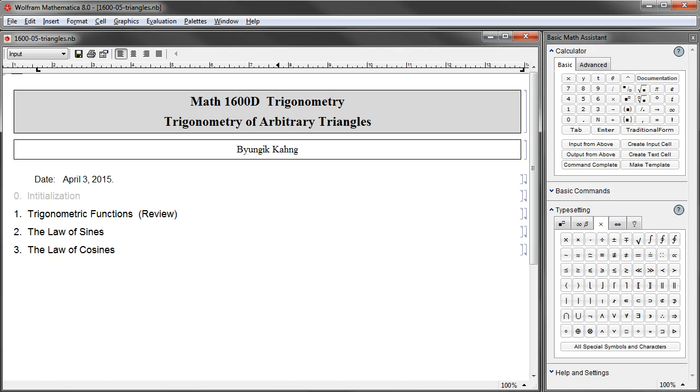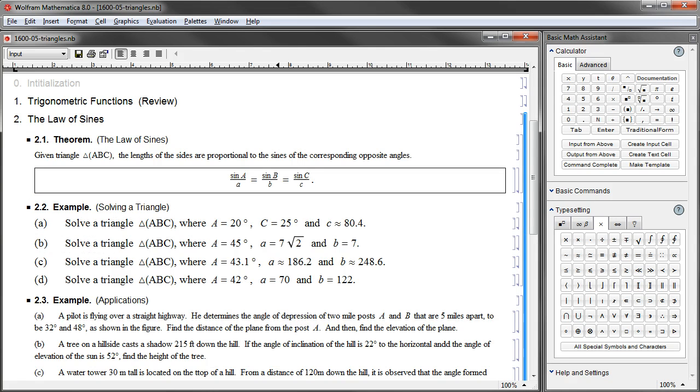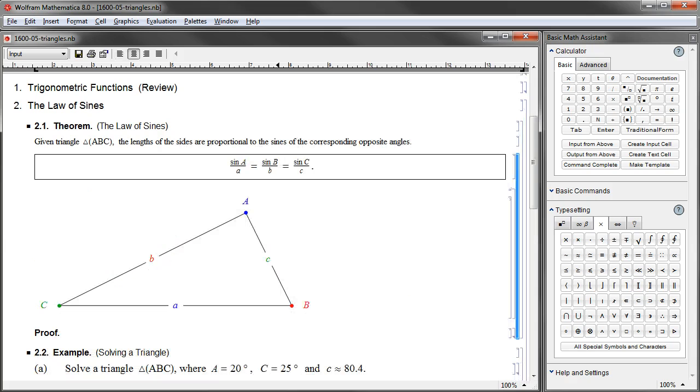The law of sines, section 2 of this notebook, which corresponds to section 6.5 of our textbook. It goes like this. Given triangle ABC, where capital A, capital B, and capital C are regarded as the size of the internal angles, and small a, small b, and small c correspond to the length of the opposite side of those angles.